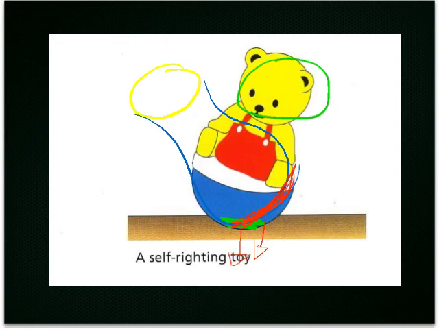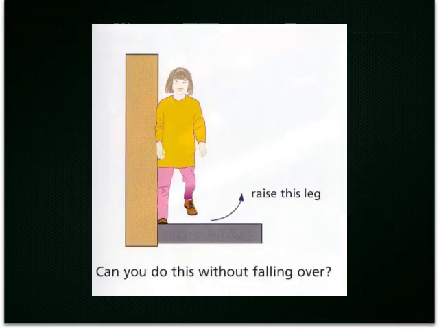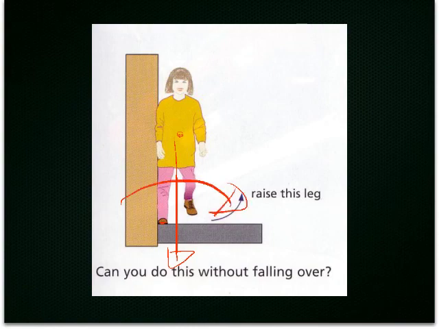So it's still going to right itself once you turn it. If you tried it with this girl here, her centre of gravity in the middle goes straight down, you can see that it's actually outside her base, which is the foot, and so that means she'll rotate over.